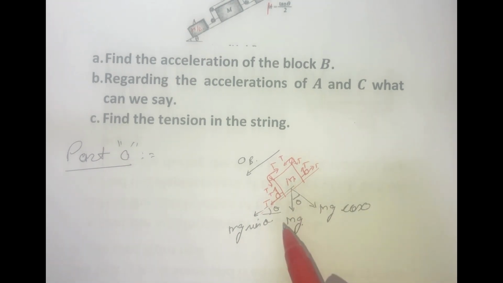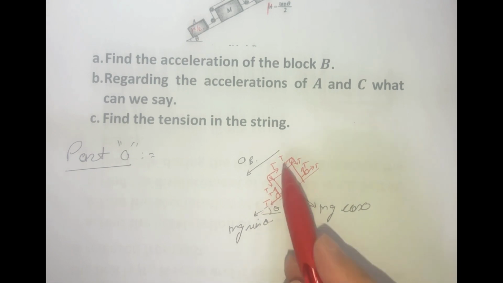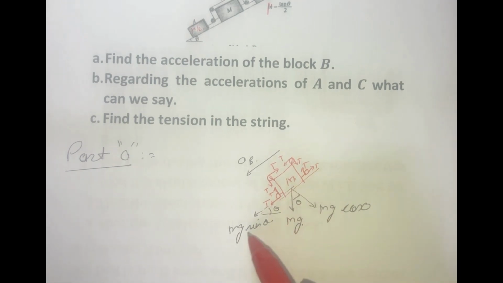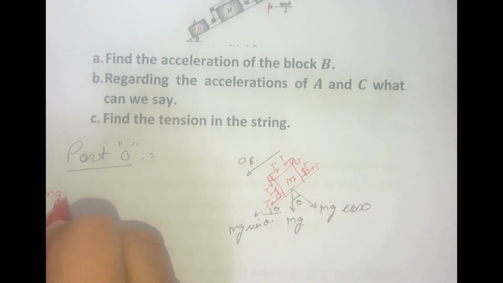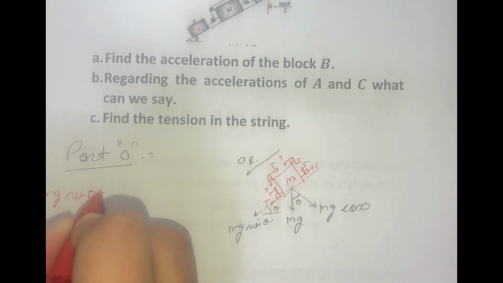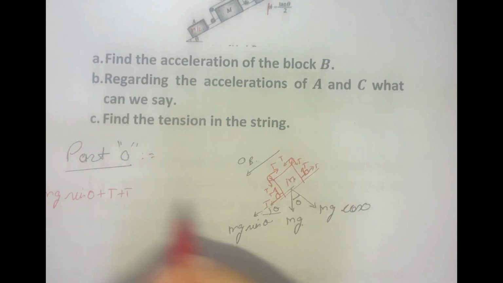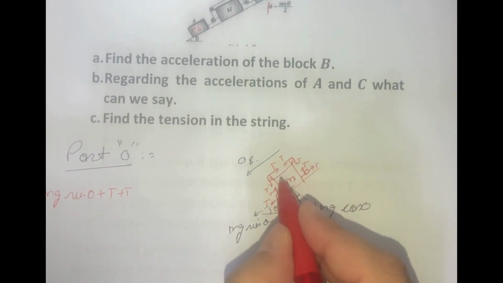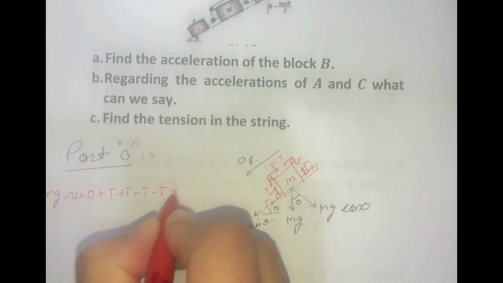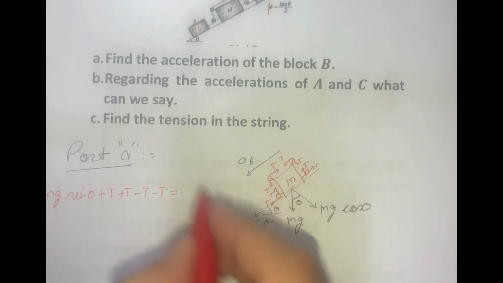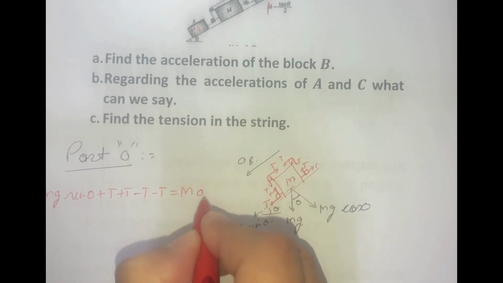In the downward direction we have tension here and here, and then mg sin theta. So mg sin theta plus T, and in the upward direction we have two tensions, so minus 2T, and we assume this acceleration is aB, so m times aB.